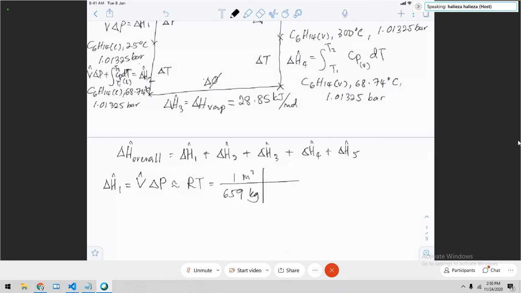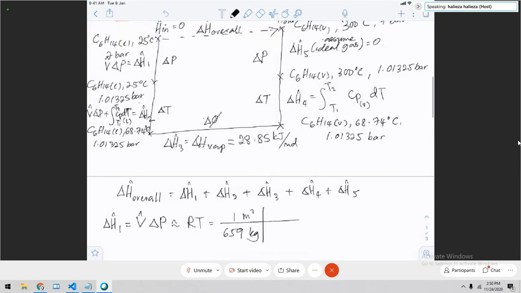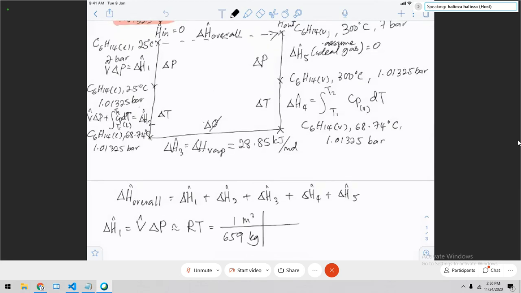Okay, what else? Pressure change. For the delta H1, what is the pressure change? Let me highlight: 7 bar, 1.0132. Yes, so the pressure change is 7 minus 1.0132 bar.